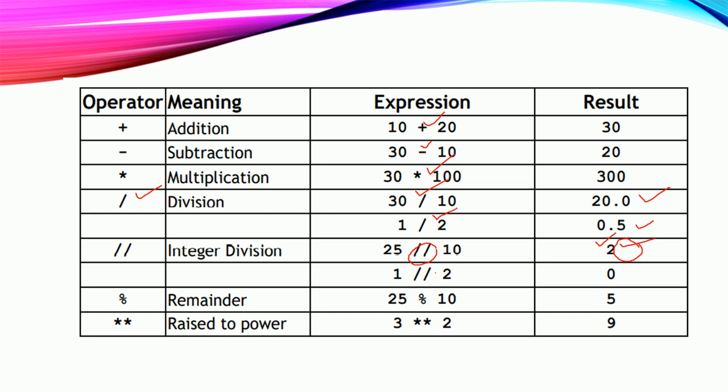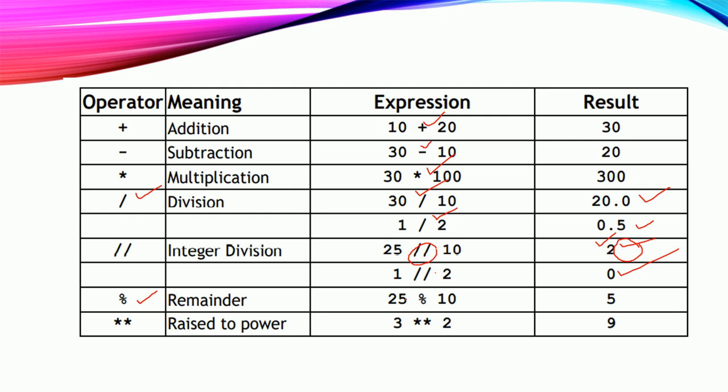That may be anything, even if it is 20, you still get the same behavior. Okay. Then integer division like 1 by 2: the answer is 0.5, but we get only the integer part, that is 0, not 0.5. Then percentage is used as the remainder.